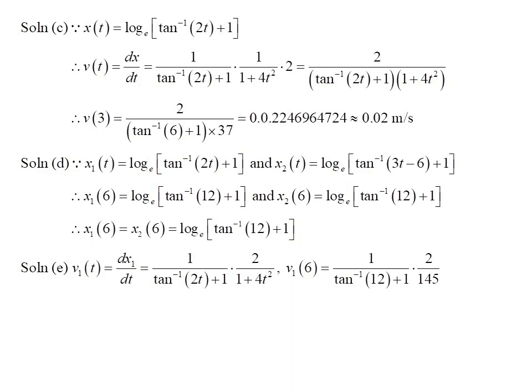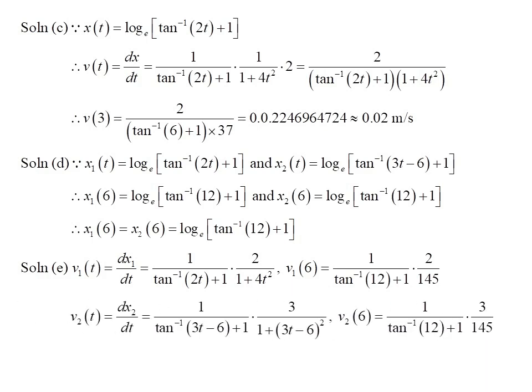Hence, v1 of t equals dx1 by dt, which equals the reciprocal of the sum of arctangent of 2t and 1 multiplied by 2 over the sum of 1 plus 4t squared, which gives v1 of 6 equals the reciprocal of the sum of arctangent of 12 and 1 multiplied by 2 over 145.